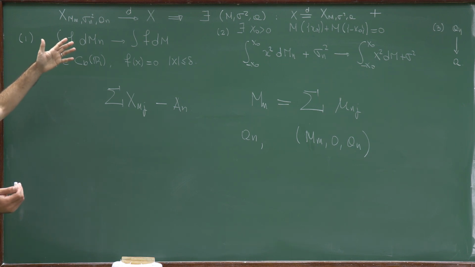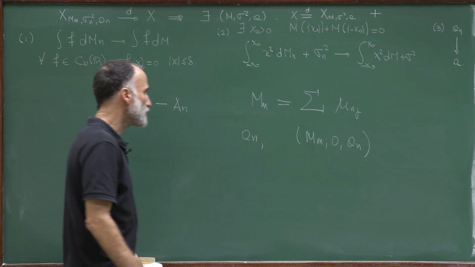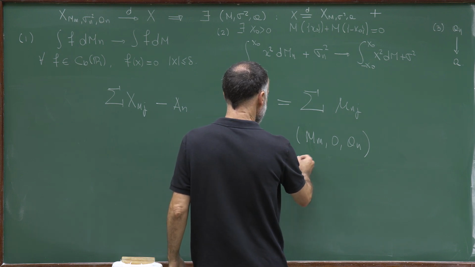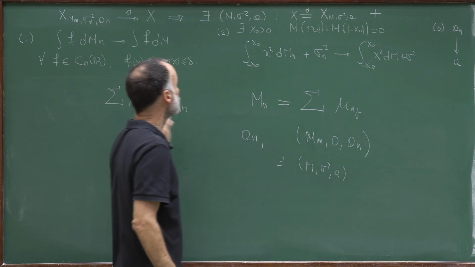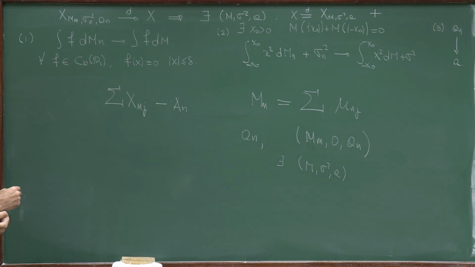So is there a sequence a_n for which there exist m, sigma squared, a such that these three conditions are satisfied? So that provides an answer to the problem we raised a few lectures ago.